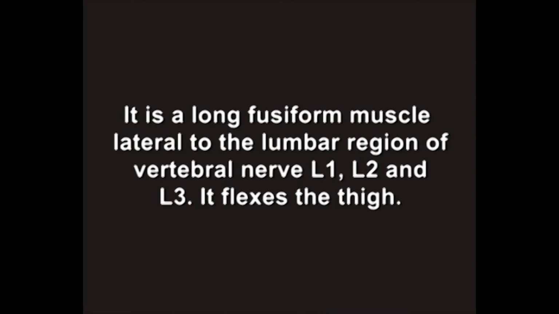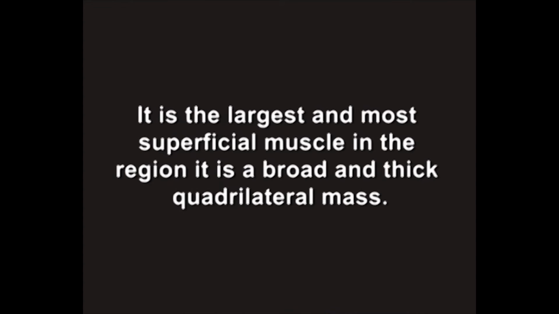Psoas major. It is a long fusiform muscle lateral to the lumbar region of vertebral column. Nerve supply is from L1, L2 and L3. It flexes the thigh. Gluteus maximus. It is the largest and most superficial muscle in the region.